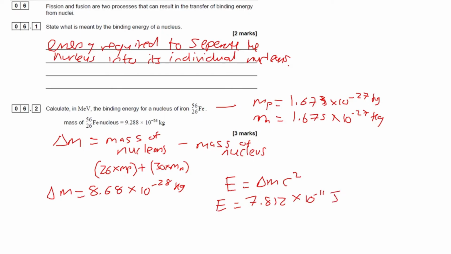So that is the binding energy in joules, but the question wants you to write this answer in MeV, so just do your conversion from joules to MeV by dividing by 1.6 times 10 to the minus 19 to get it into eV, and then divide by 10 to the 6 to get into MeV. And when you do that, you get an answer of 488 mega electron volts.